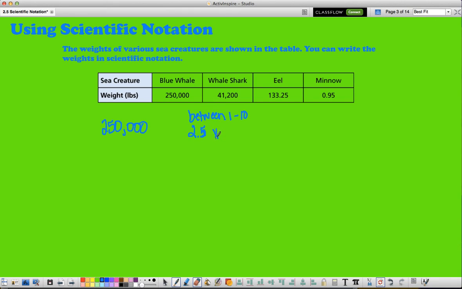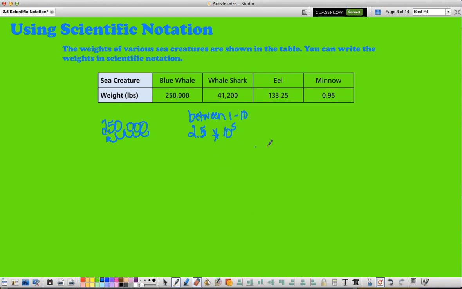And then it's a product, so I'm going to multiply. What I did is I took my number and I moved the decimal 1, 2, 3, 4, 5 places to the left. So this would be times 10 to the 5th power.